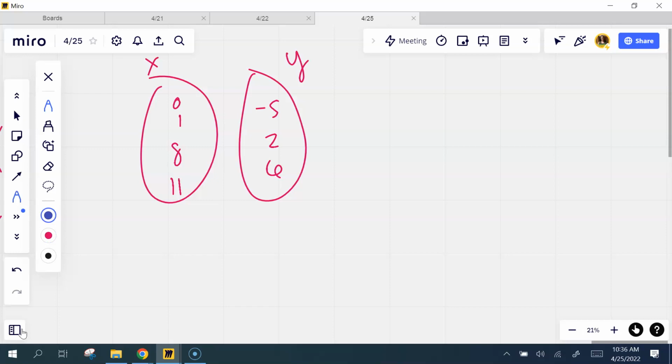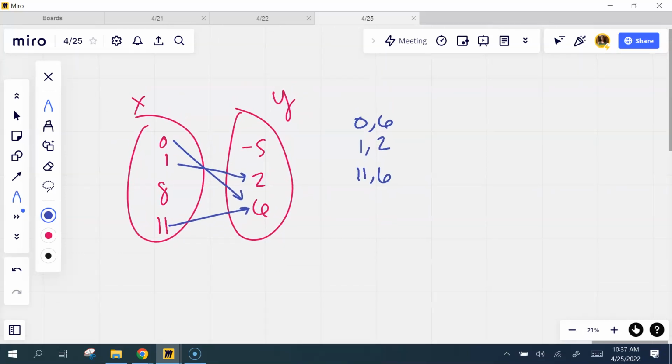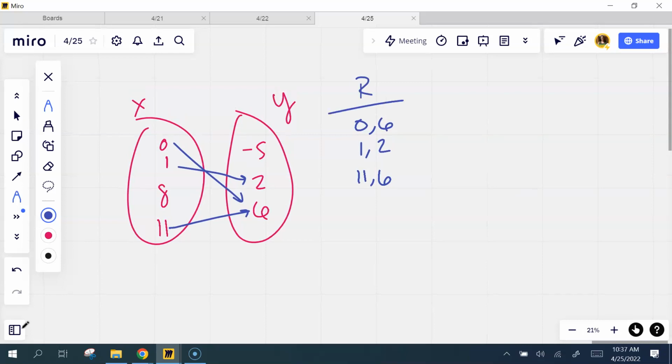What this is saying is when x is 0, y is 6. So 0, 6 is a point. And then when 1 points to 2, that means 1, 2 is a point. 8's not pointing anything, but 11 is pointing to 6. So this is my R, is all that's saying.